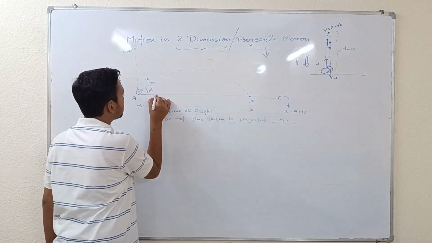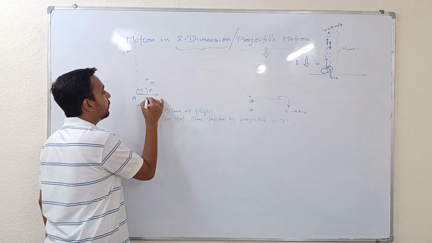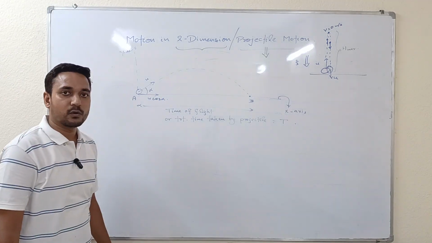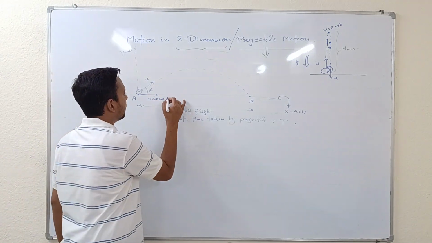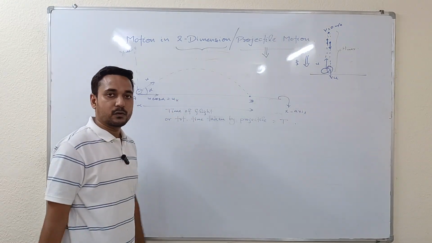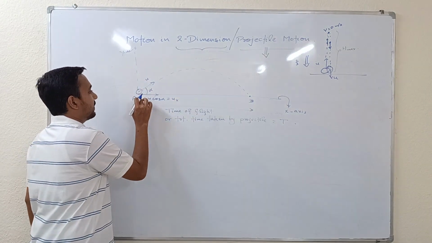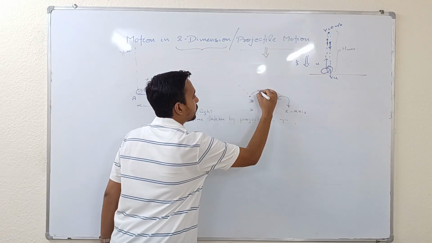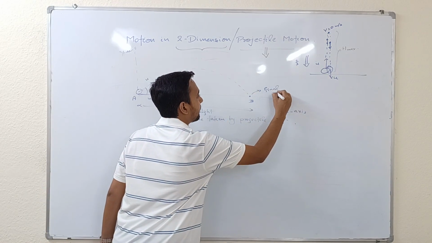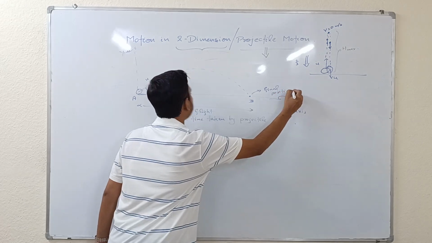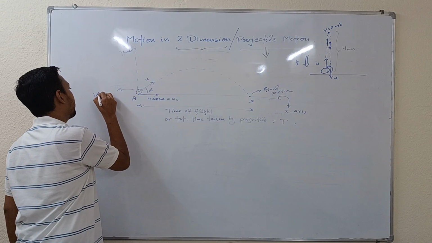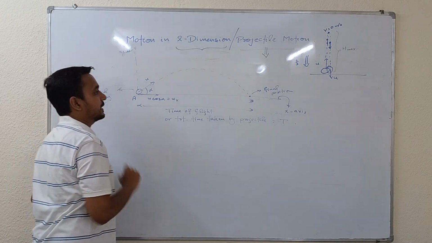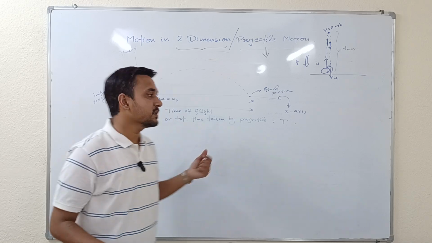And we have seen that the horizontal component of initial velocity, that is u cos alpha, will always remain constant, right? So ux will always remain constant. We have also seen the displacement from the initial position to the final position. This was the initial position, and B was the final position.